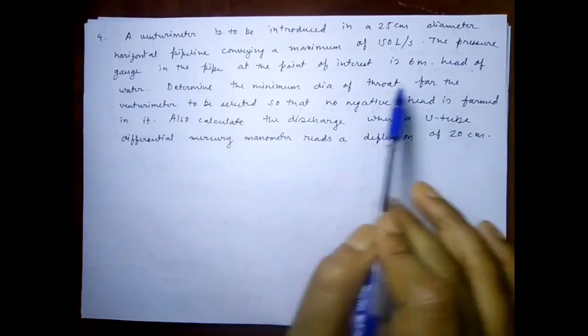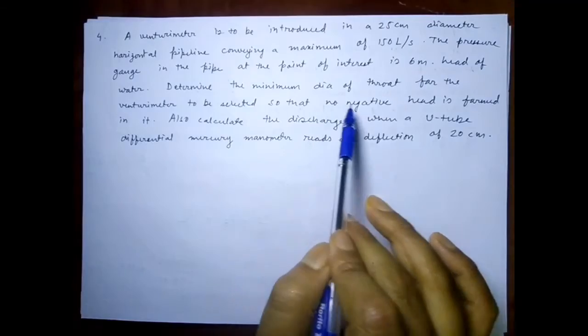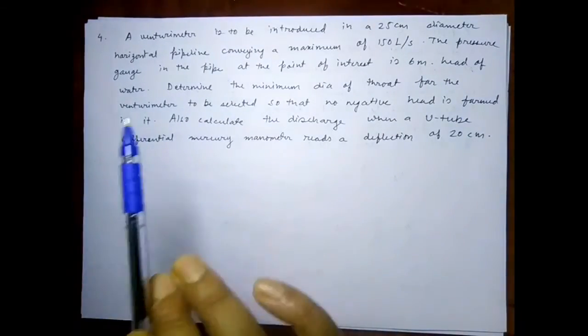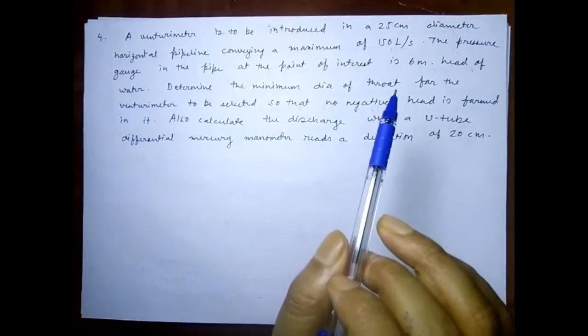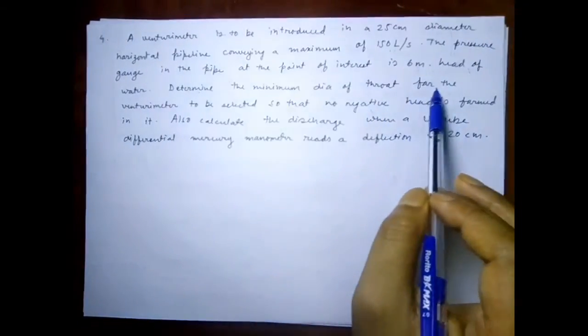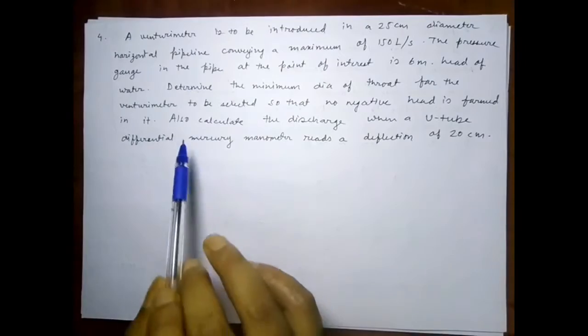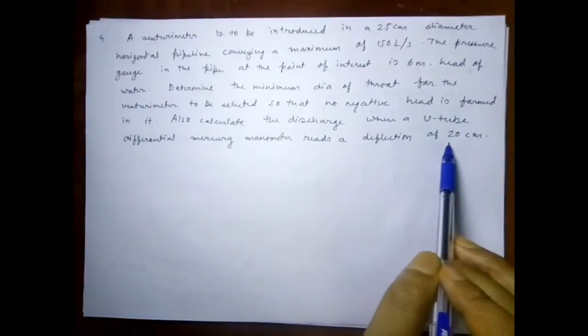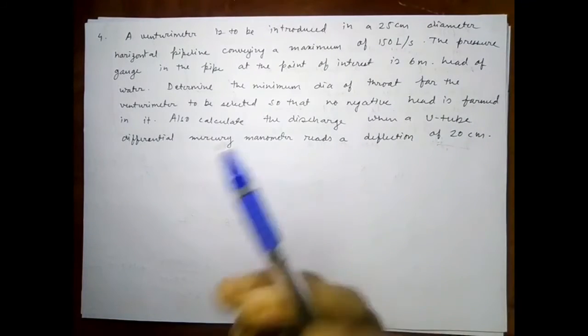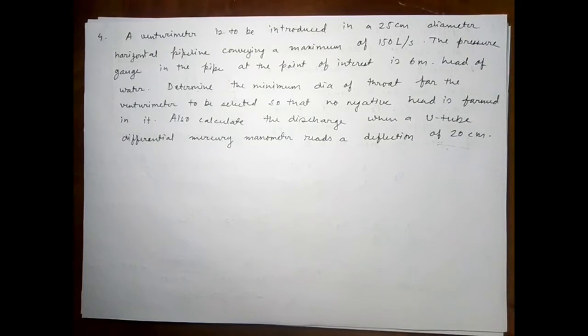Determine the minimum dia of throat for the venturimeter to be selected so that no negative head is formed in it, and also there shall be no pressure drop. Considering that, determine the minimum dia of the throat for the venturimeter and also calculate the discharge when a U-tube differential manometer reads a deflection of 20 cm. So many such parameters are given.